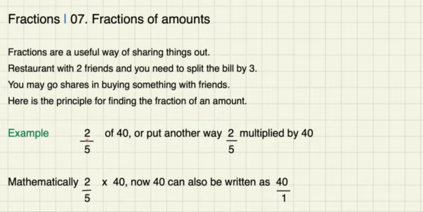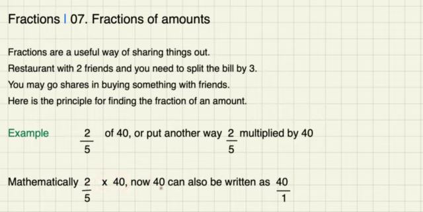So in this example, we're going to look at what is 2/5 of 40. So another way of putting this is 2/5 multiplied by 40. So mathematically, we can write this as 2/5 multiplied by the whole amount, by the 40.